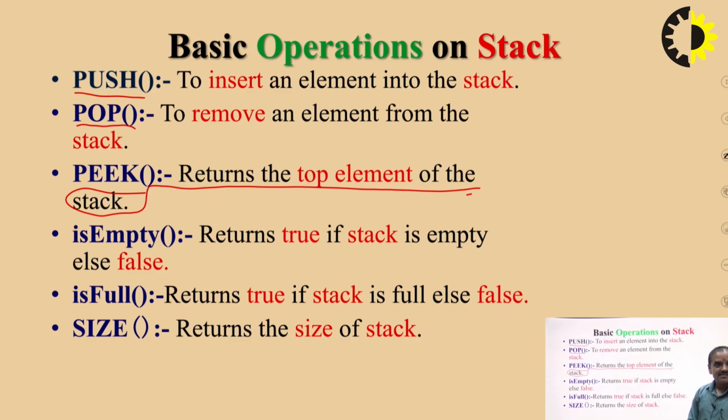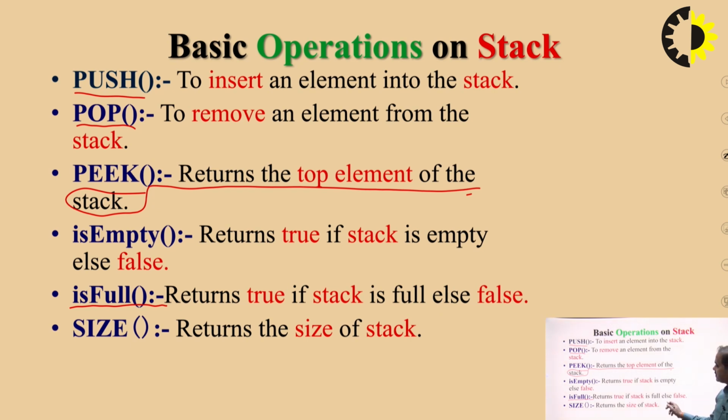IsEmpty is a conditional check used to see whether the stack is empty or not. Next one is isFull. This is also a conditional check used to see whether the stack is full or not. And the last one is size.